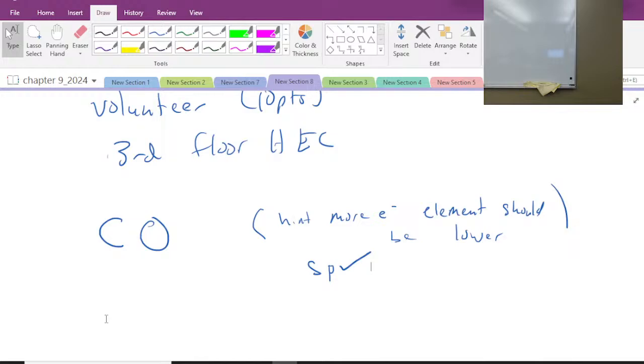I gave you the hint for C. It's understanding what all these lines mean.